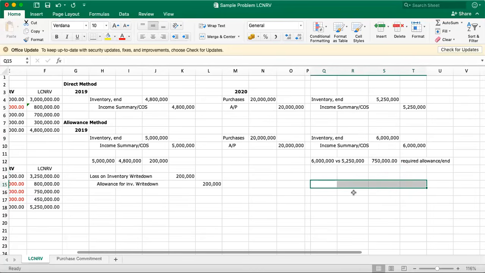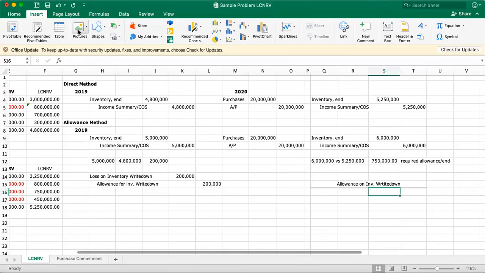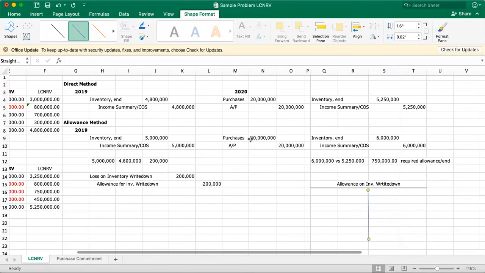But if we look at our T account, if you prepare a T account for the allowance on inventory write-down for 2020, we have a debit balance.